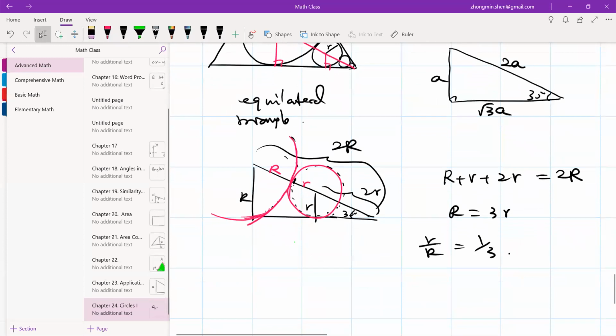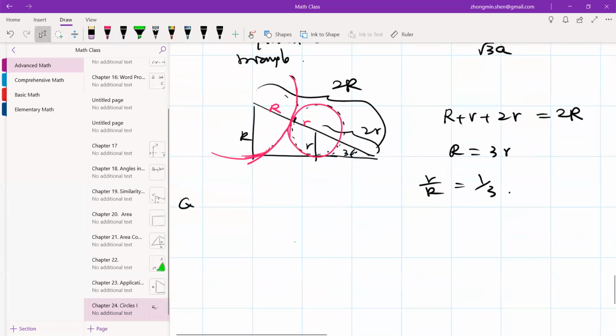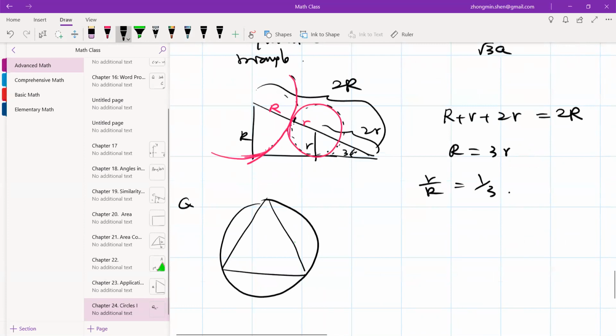Okay. All right, so my next question is, I have a circle here, then I have an equilateral triangle inside. Then I put another circle inside. All right, so that's two circles.